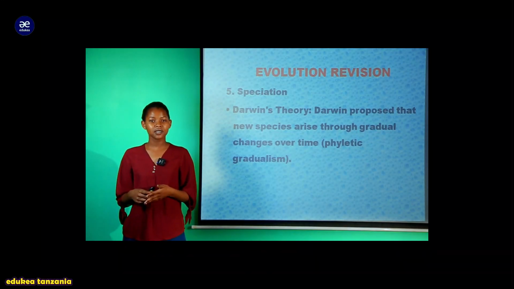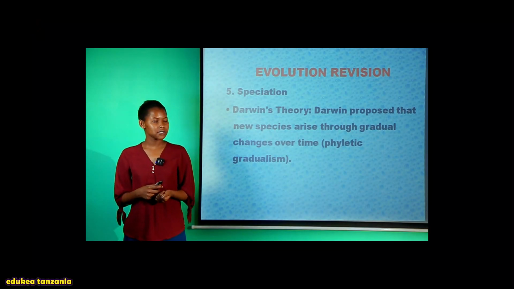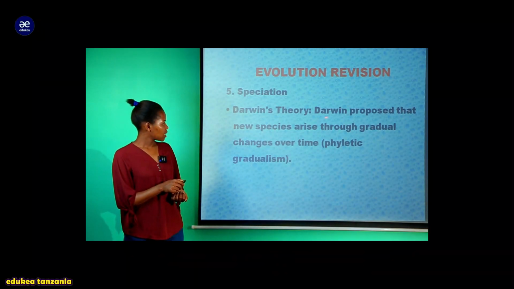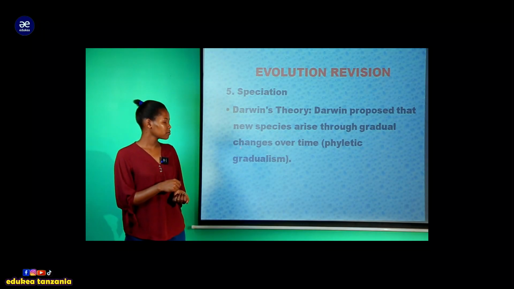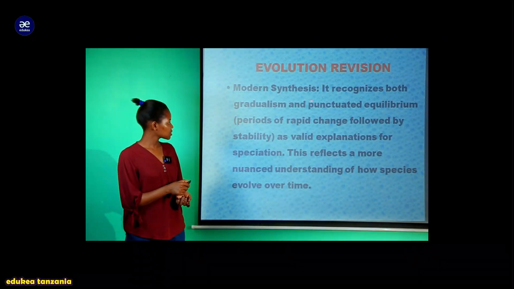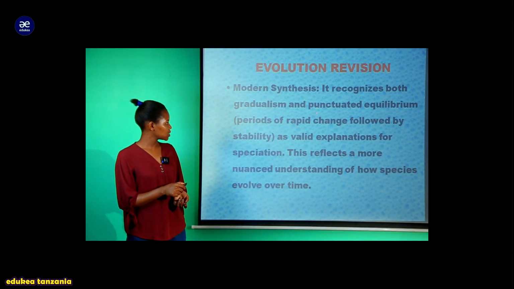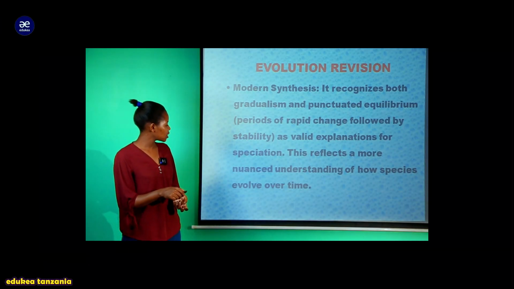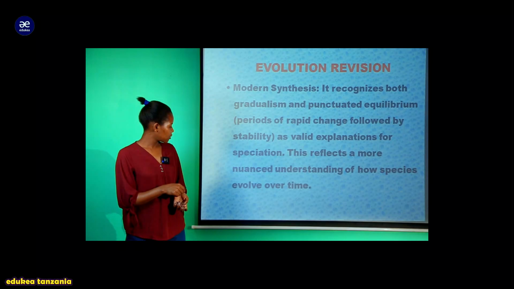Also, we are going to look at speciation. As we can see, Darwin proposed that new species arise through gradual changes over time, which is phyletic gradualism. But modern synthesis recognizes both gradualism and punctuated equilibrium as valid explanations for speciation. This reflects a more nuanced understanding of how species evolve over time.